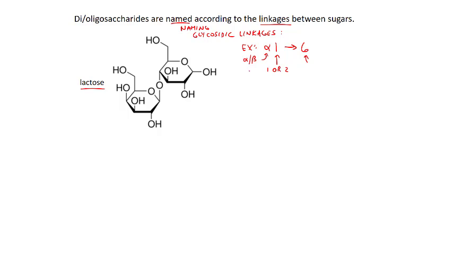So what do each of these refer to? Alpha or beta refers to which anomer that you have on the carbon atom that is the anomeric carbon, because remember, glycosidic linkages always involve one anomeric carbon. 1 or 2 is the number of the anomeric carbon. Then we have an arrow, and then 6 is the number of the carbon that you are linking to.